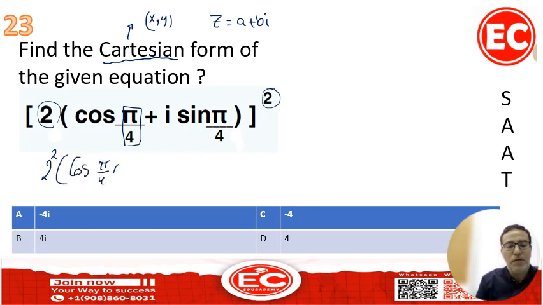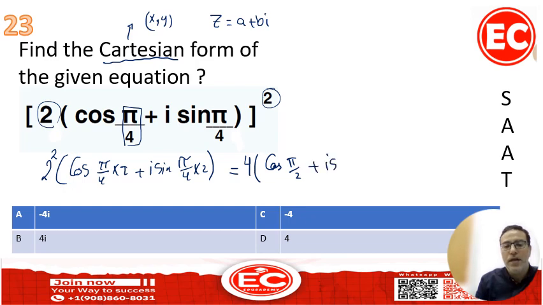So it's 2 squared times cosine of pi over 4 times 2, plus i sine of pi over 4 times 2. 2 to the power of 2 is 4. And pi over 4 multiplied by 2 is equal to pi over 2. So it's 4 times cosine pi over 2 plus i sine pi over 2.